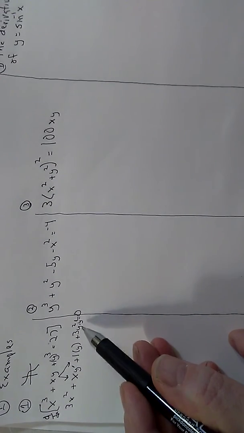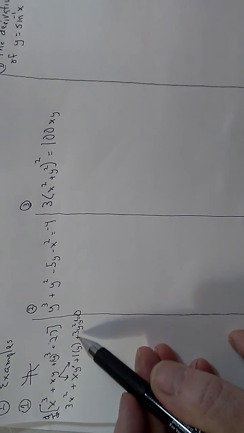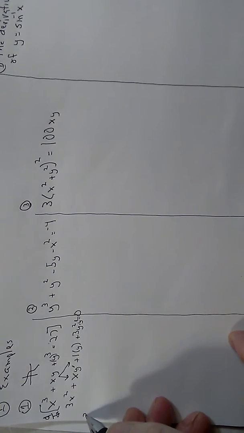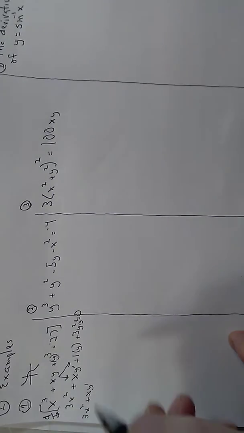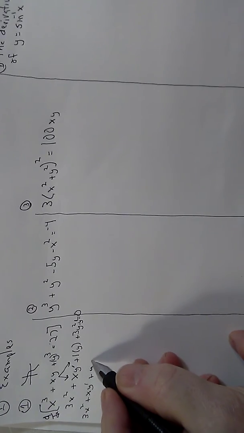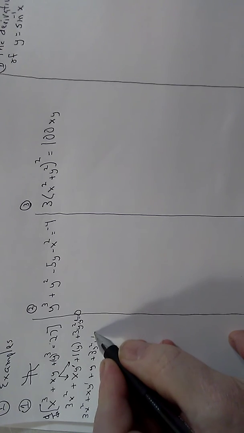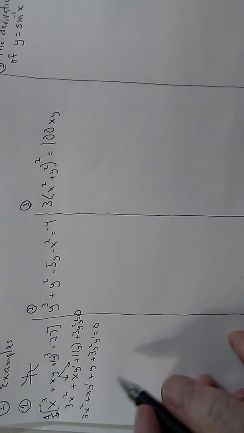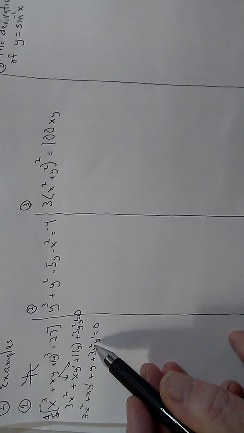Okay. But I'd like to take this and solve for y prime. So at this point, I'm just going to rewrite this and simplify it. So 3x squared. Now there's more than one term with y prime.